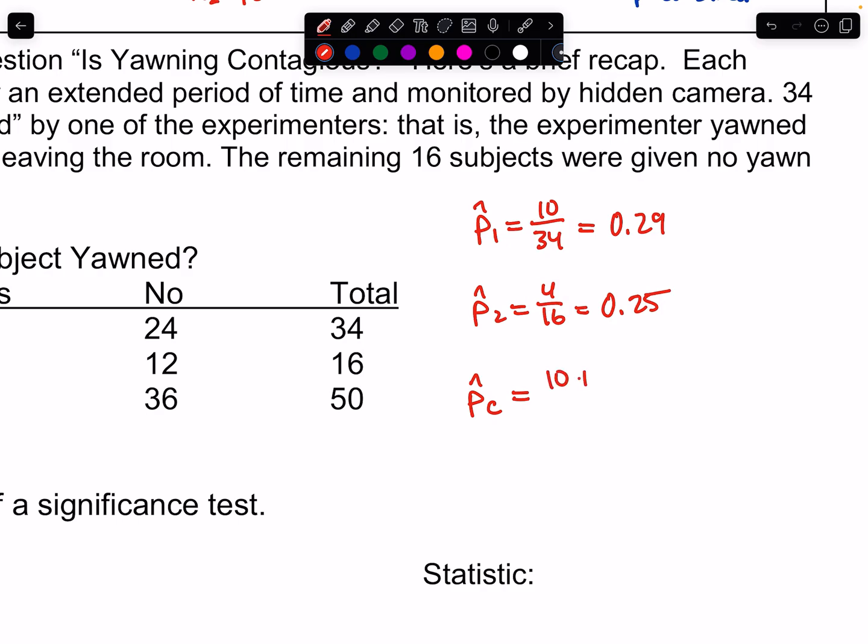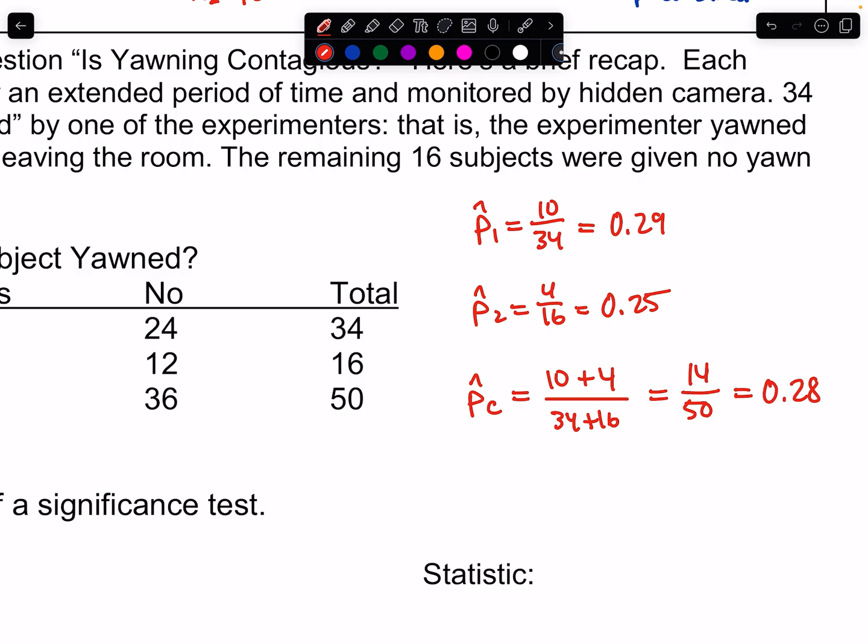So 10 plus 4 divided by the sample size from both of them. So 34 and 16. 34 plus 16, which is a total of 14 out of 50, which comes out to be 0.28.